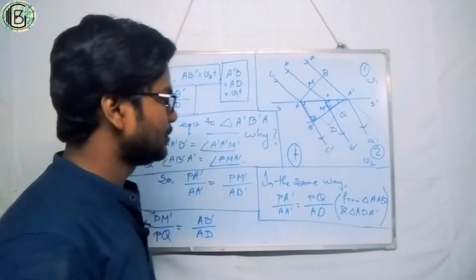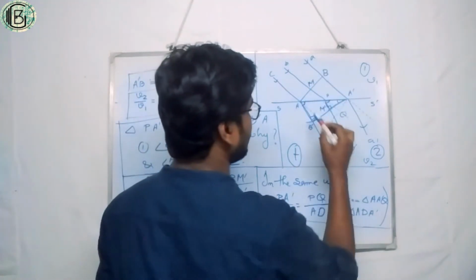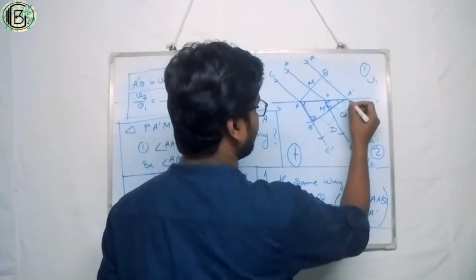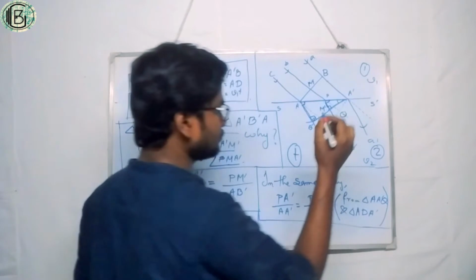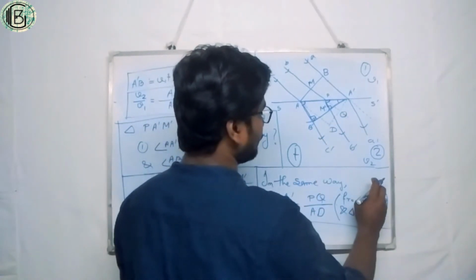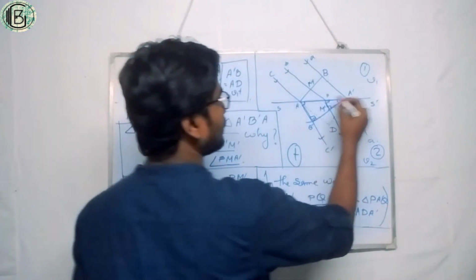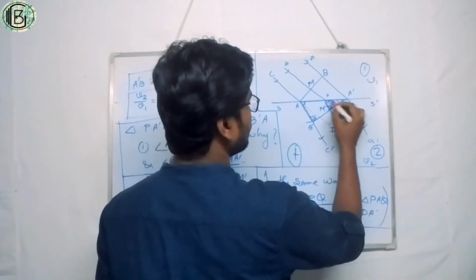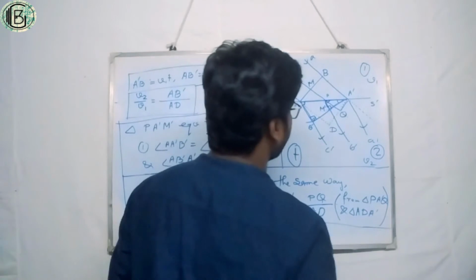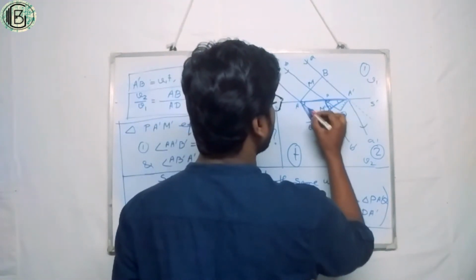Again, from the triangle, sorry, this shouldn't be A prime Q. This should be P A prime Q. So from the triangle P A prime Q, that means this triangle, and A D A prime, that means this triangle.